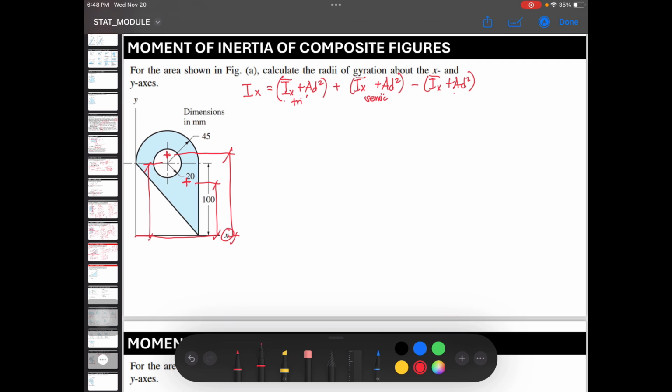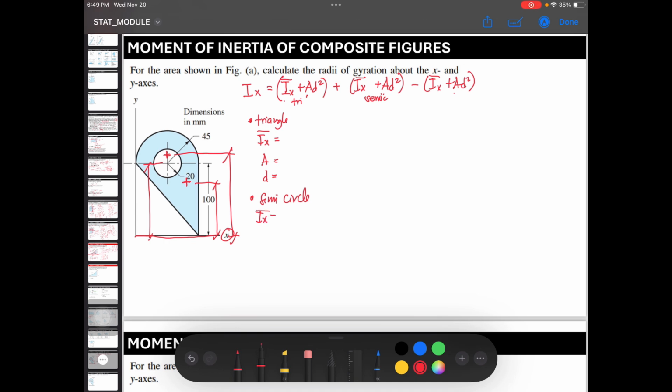So, let's compute. Maganda dito, i-tabulate muna. Parang tabulate, hiwa-hiwalay. So, start natin kay triangle. So, for triangle, kunin natin Ix bar niya, and then, kunin natin area niya. Let's get the distance. And then, next kay semicircle.